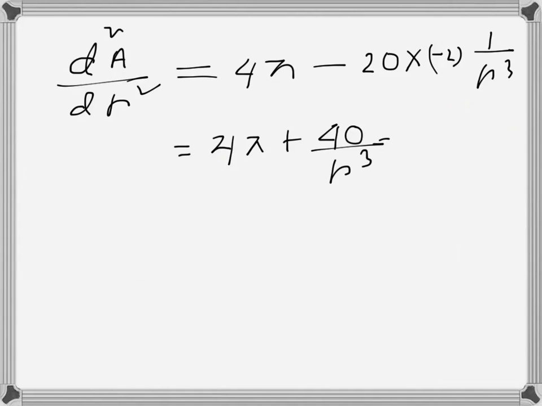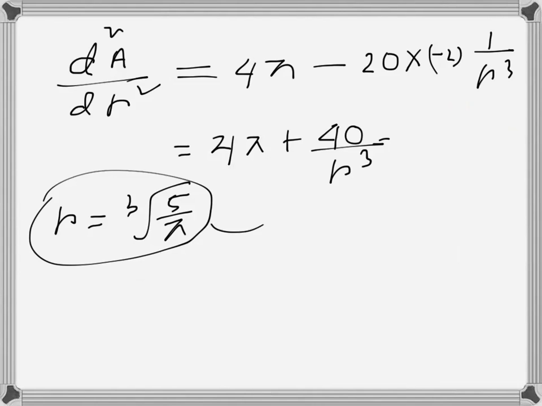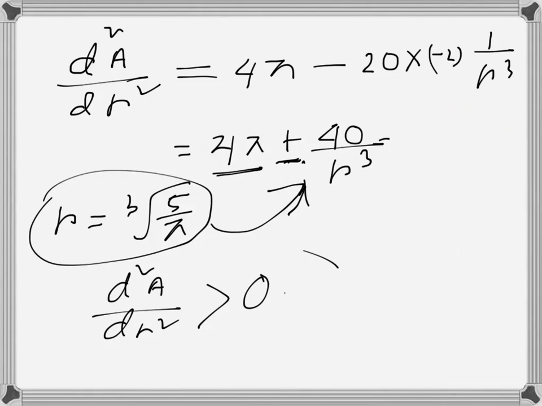Now if we write r as cubic root of 5 over pi and plug in this value in this expression, we will essentially get a positive value because there is no negative sign there. This is positive and this one will be positive. So d square A over dr square is greater than 0 for this r.